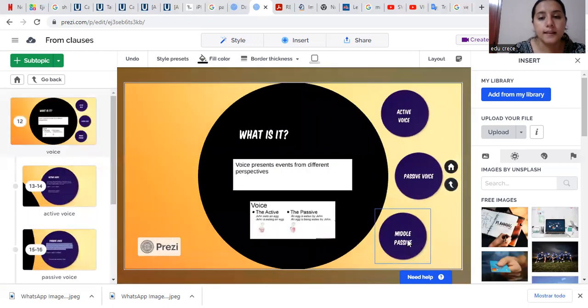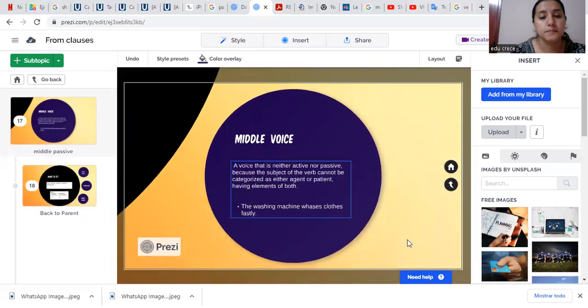The last is middle voice, okay? Middle voice is a voice that is neither active nor passive, because the subject of the verb cannot be categorized as either agent or patient, having elements of both. In this sentence, the washing machine washes clothes fast.